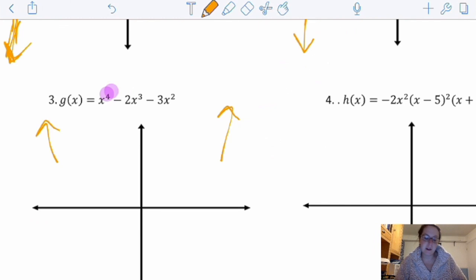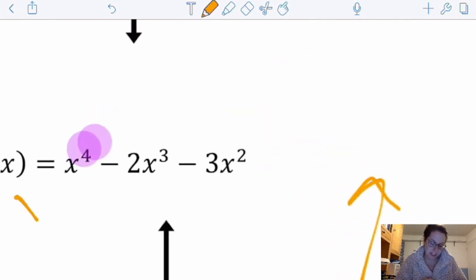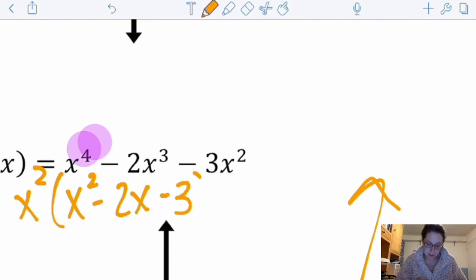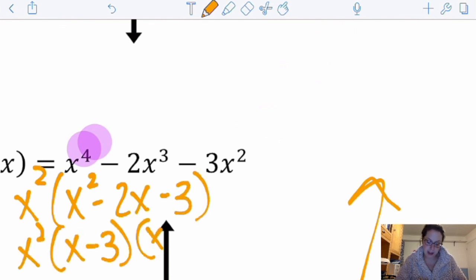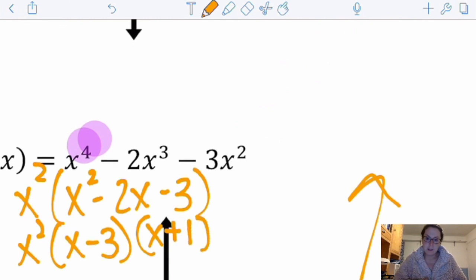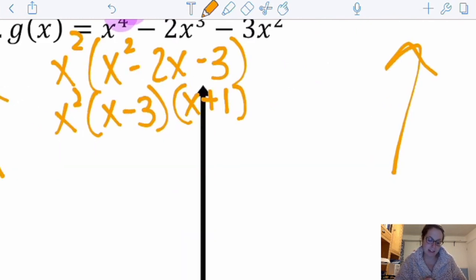Now, to get the zeros, we're going to have to factor this. So I'm going to start by taking out a GCF, and then factor what's left there. So x minus 3, x plus 1. So I have zeros at 0, at 3, and at -1, right?